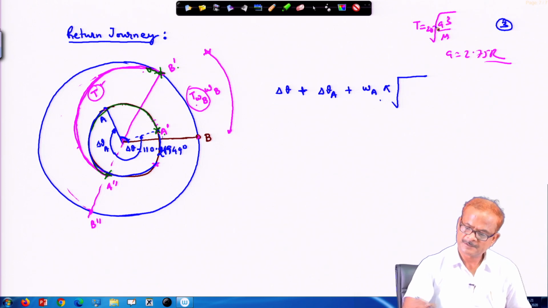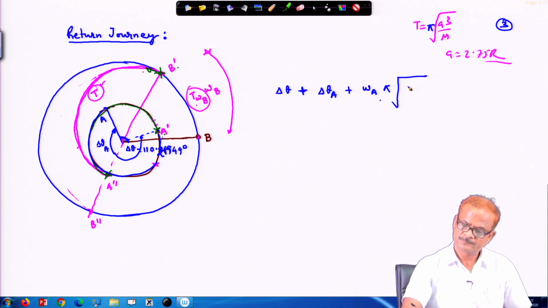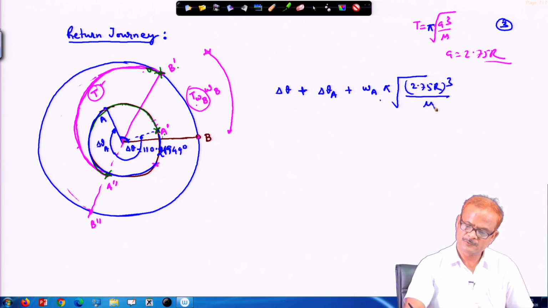The time period is 2 pi, so half only we are considering, and we just multiply by pi. So, pi times the square root of A cubed, which is 2.75 r whole cube, divided by mu.